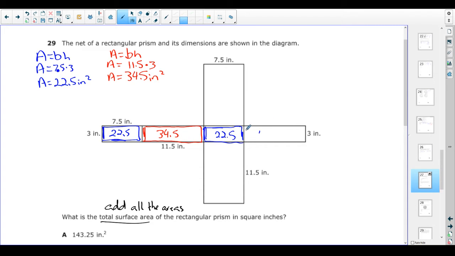And then if this is 34.5, then so is this one over here. Okay, that just leaves one more, this bigger rectangle. And this one is going to be 7.5 by 11.5. Same as this one down here. Still base times height.